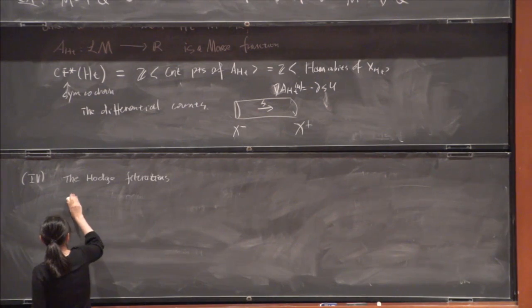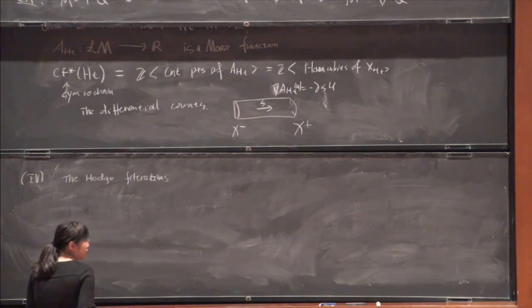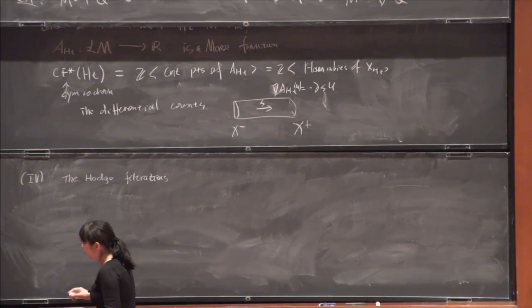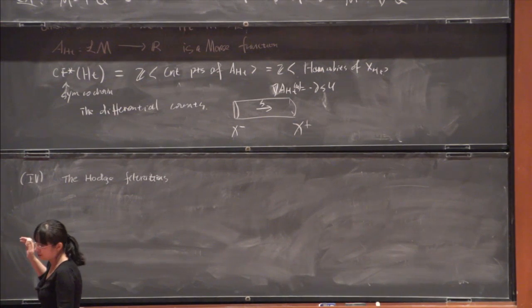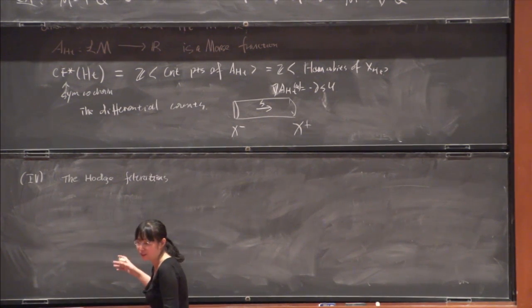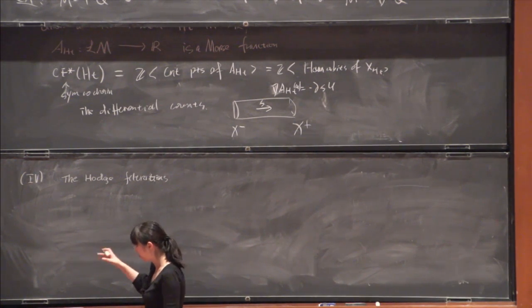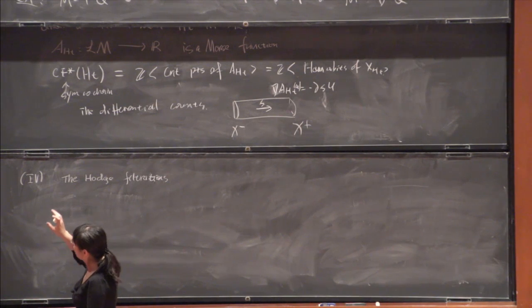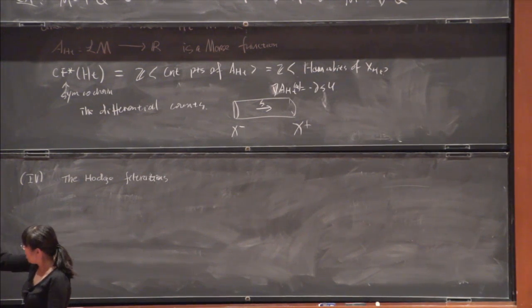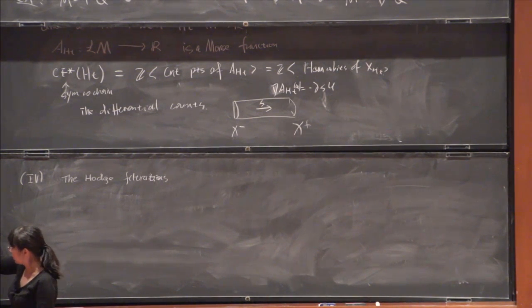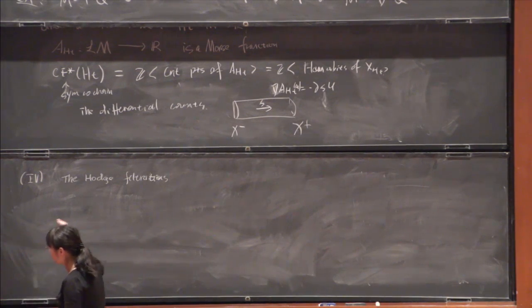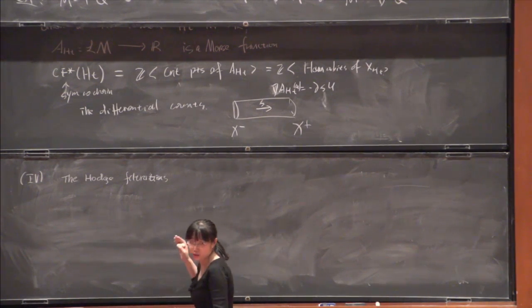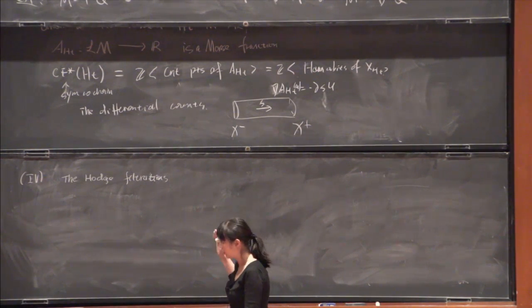So, in this case, I can really just take the closed-open cyclic closed-open map. Instead of taking the periodic cyclic homology of the category, I could just take the periodic cyclic homology of the closed sector.